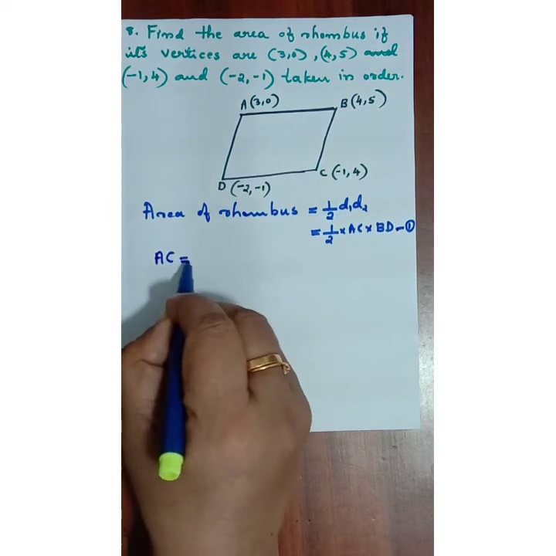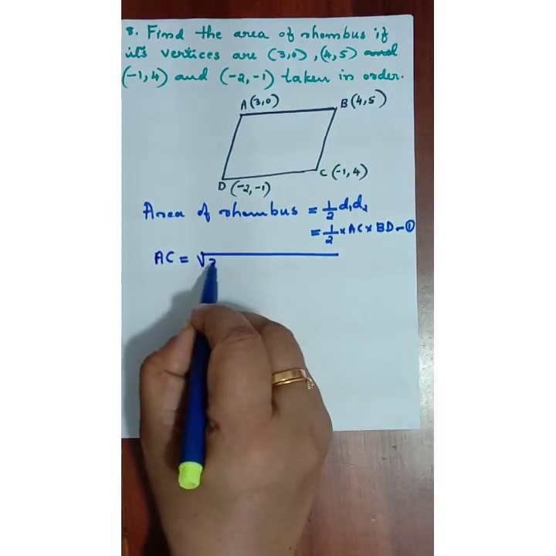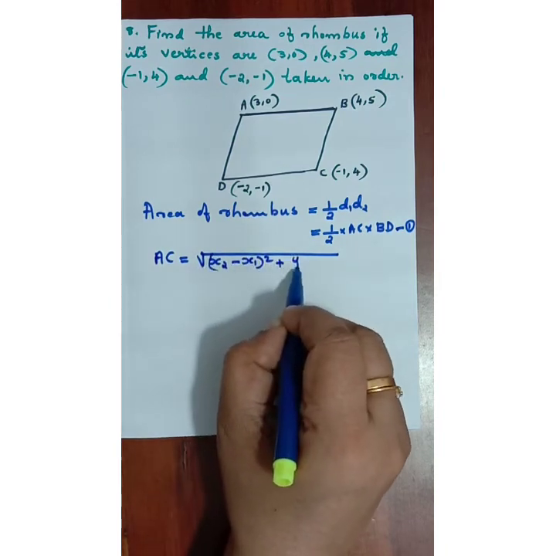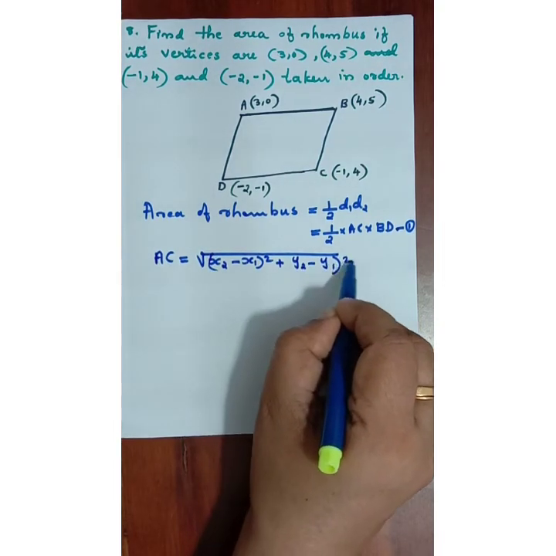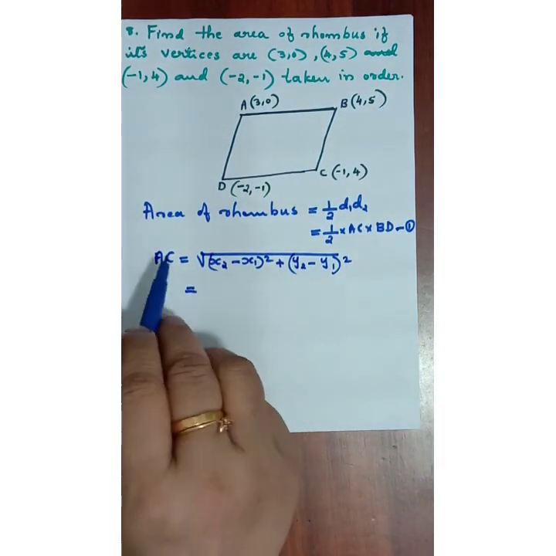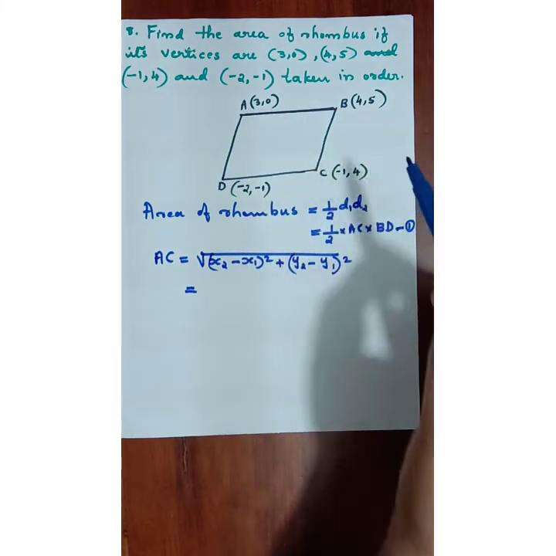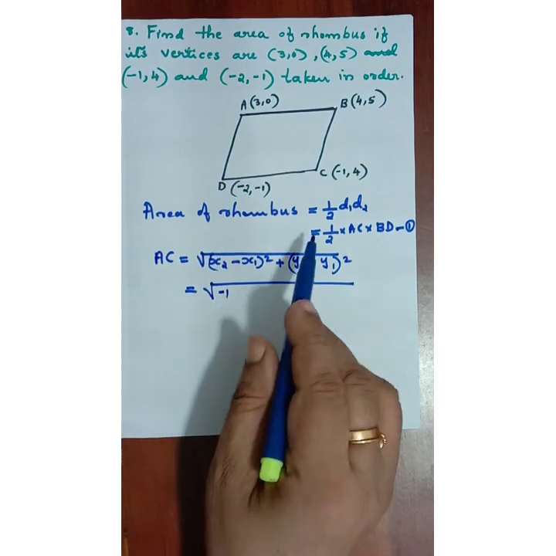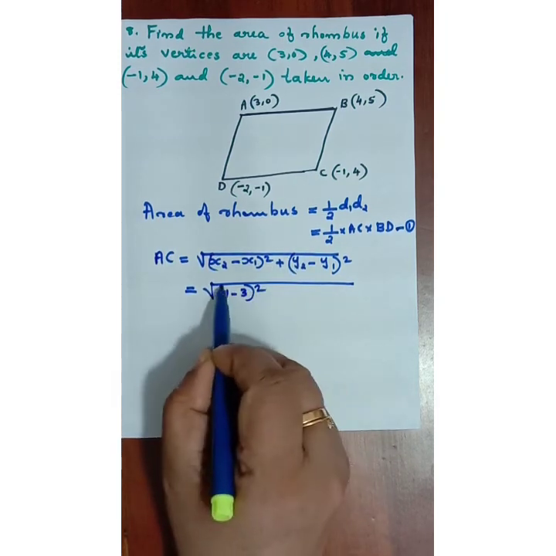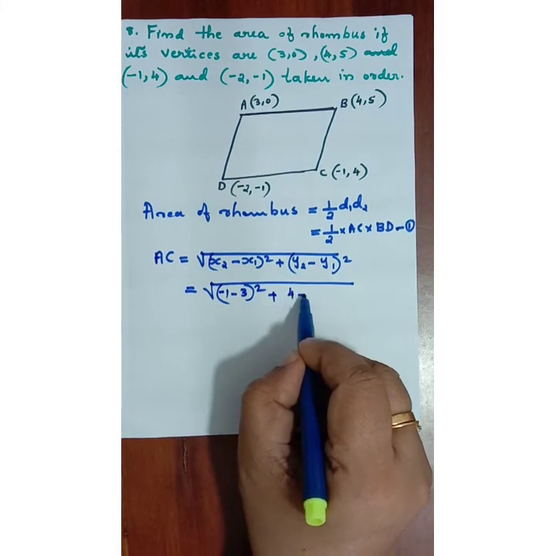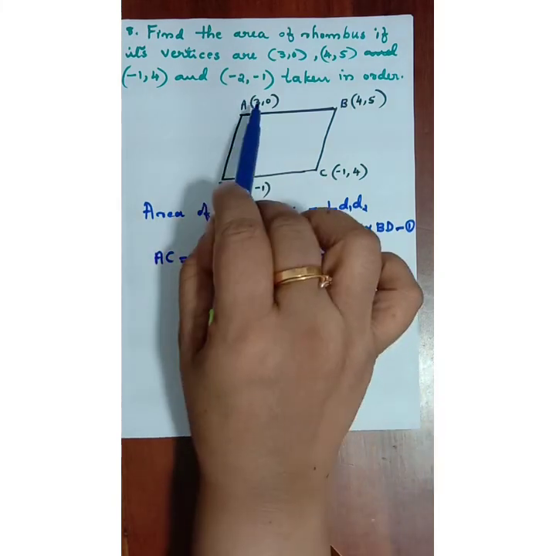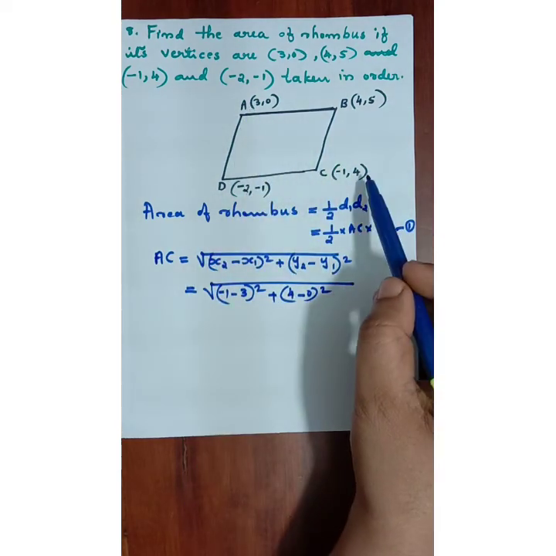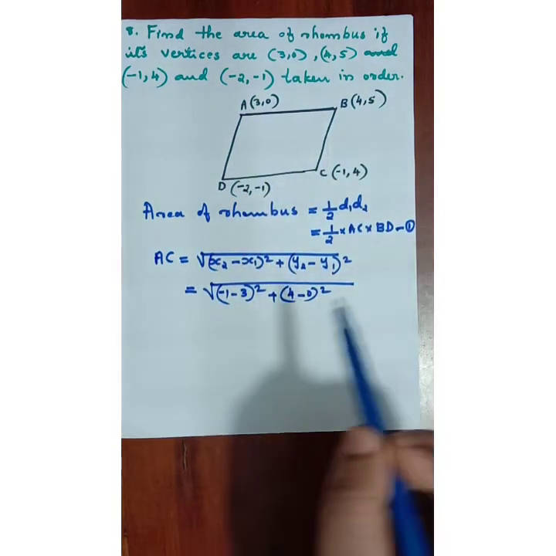What is AC? The distance formula: AC equals root of (x2 minus x1) whole square plus (y2 minus y1) whole square. For A (x1, y1) and C (x2, y2), just substitute the values.